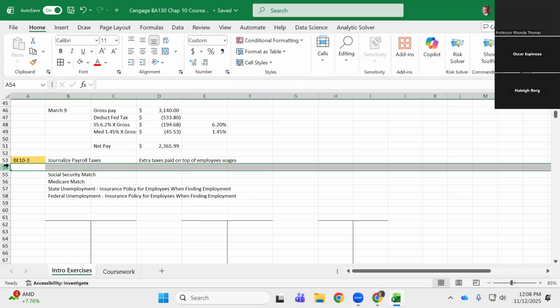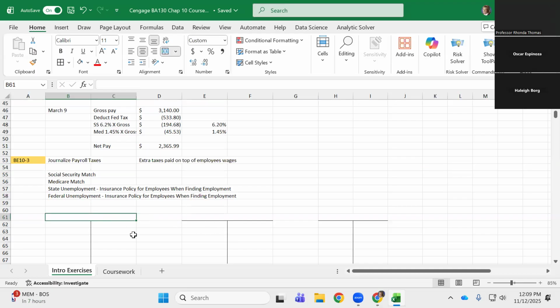So we're going to have Social Security payable. We're going to have a Medicare payable. We're going to have a state unemployment payable and a federal unemployment payable and a cash account. All right, so payroll tax expense is going to be an account.